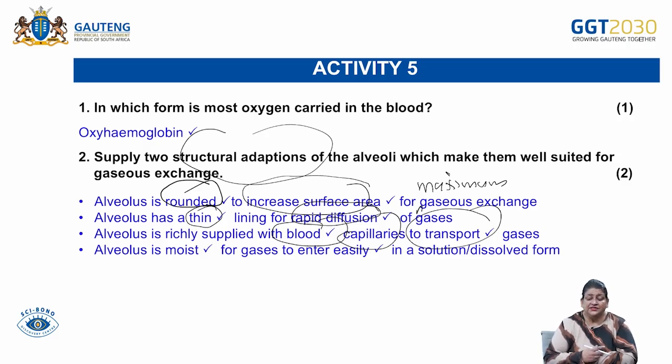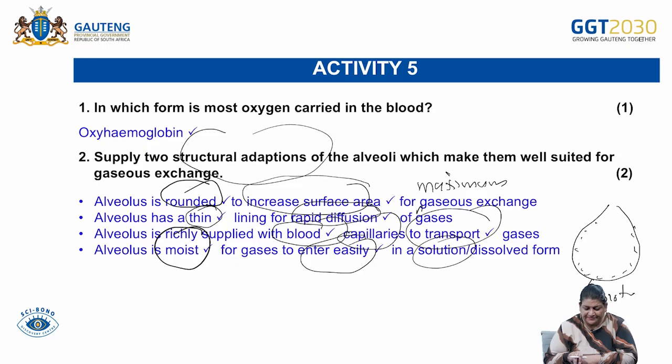The alveolus, remember, it was like this and it had little dots. What are those dots on the inside of the alveolus? It's moisture. The alveolus is moist for gases to enter easily in a solution form, dissolved form. All right. So we spoke about large surface area, we spoke about thin, we spoke about transport system, we spoke about moist, and what else?